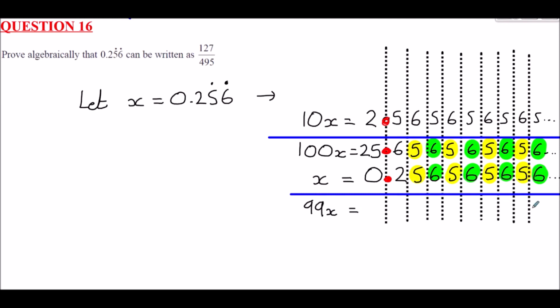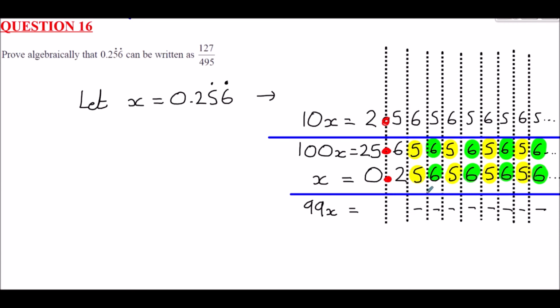So 99x equals what? Well, when we subtract, we start from the right. There's no real right-hand side to start from because this goes on forever. But as you can see here, 6 take 6 is nothing. 5 take 5 is nothing. There's an infinite amount of cancellations here, until we get to this stage here. Now they don't match, but that's fine.